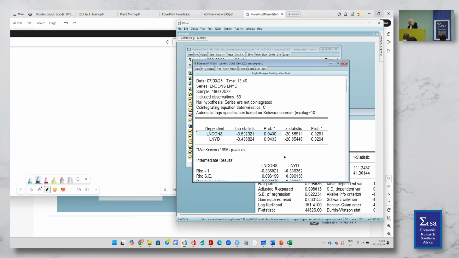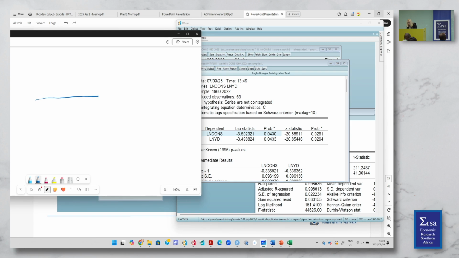And what happened in the background? We regressed consumption and income, we take the residual, and on that residual we performed a unit root test, and now we're looking at this. The test statistic here is minus 3.50.